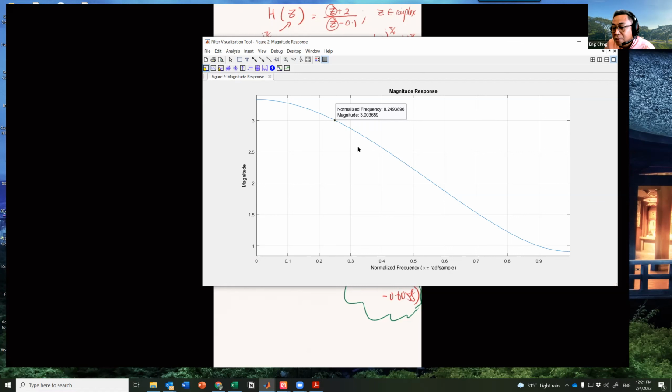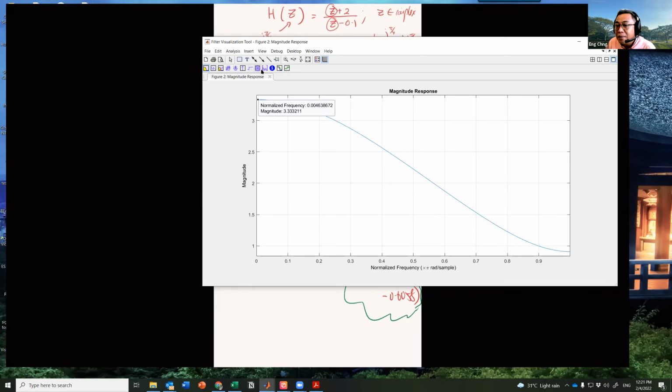As I increase my frequency, the gain becomes smaller and smaller, until at 0.9 pi it's almost the same, the signal is not becoming bigger. The lower the frequency, the bigger the gain. So this is like a low pass filter. The low frequency gets passed, the high frequency gets attenuated.